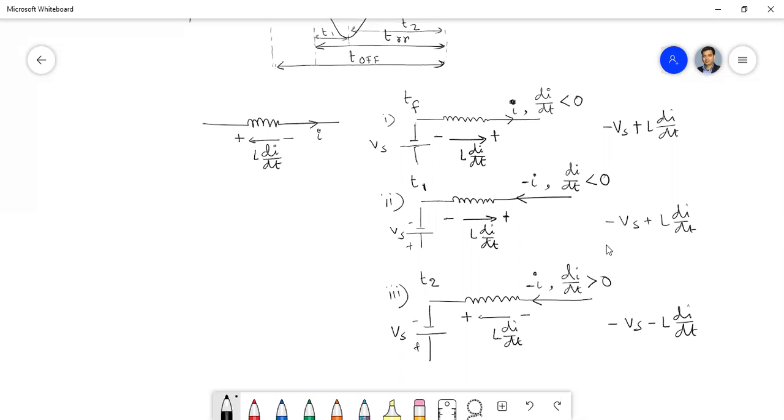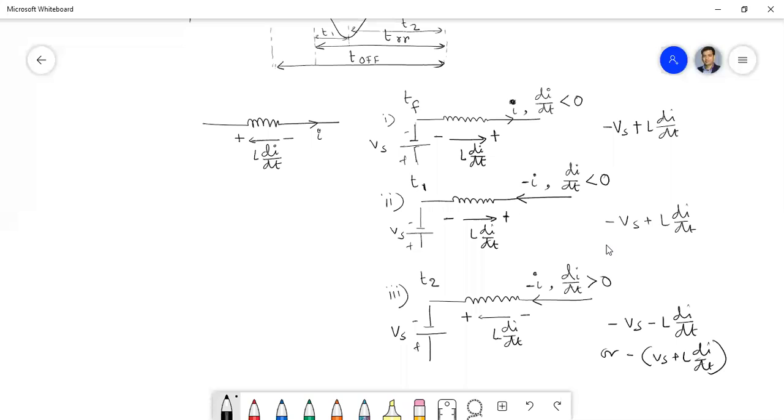Are you getting this point? Yes, sir. Or we can write minus Vs plus L di/dt. So here these two voltages are added, so that will create the problem.